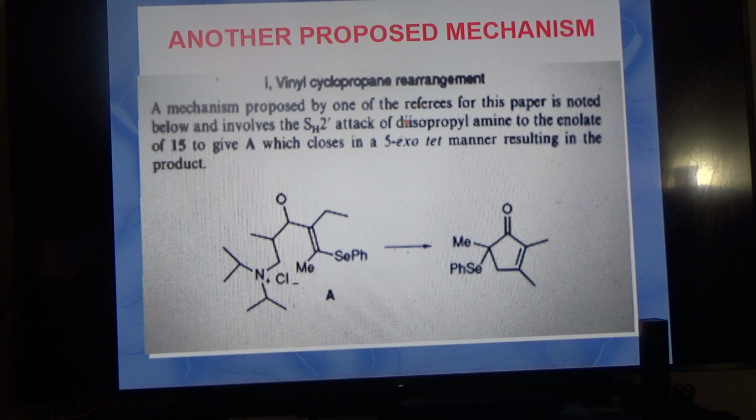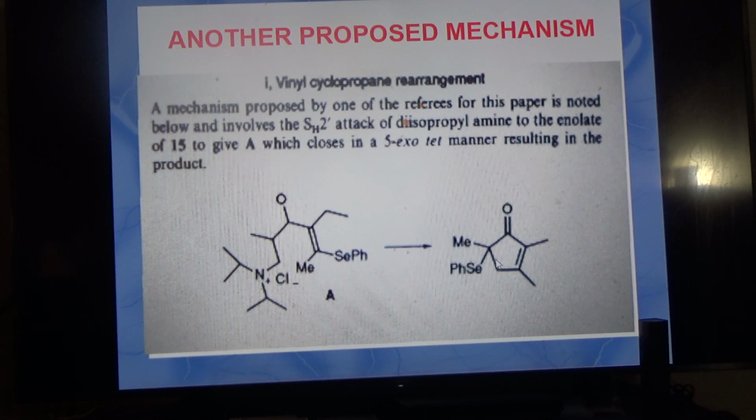Instead of the vinyl cyclopropanone rearrangement, he suggests that the amine that is used can add in an SN2 prime way to generate this intermediate. Now you see the anion is here, it shifted everything, and this closes in an SN2 manner, resulting in the product.